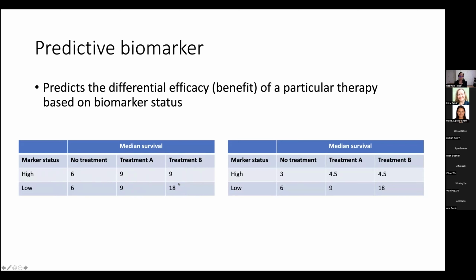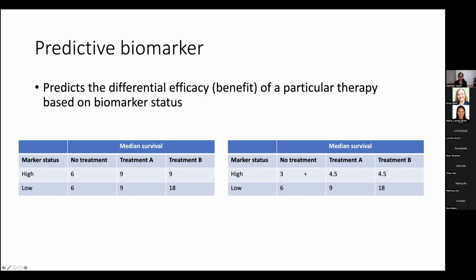So you have a hazard ratio of 0.5 in treatment B when you have marker status low. This is telling you that you can use this marker to decide whether you should receive treatment B or not.